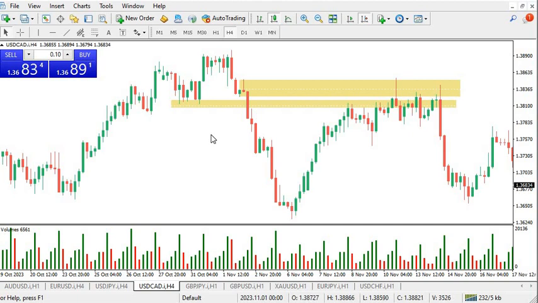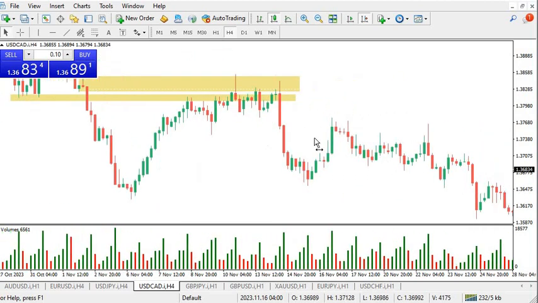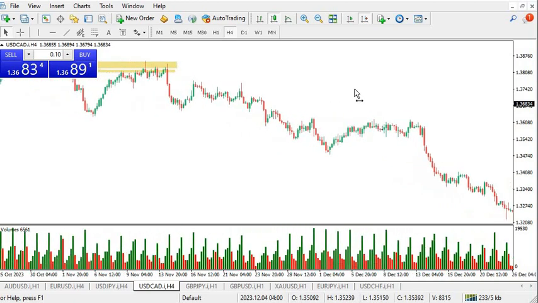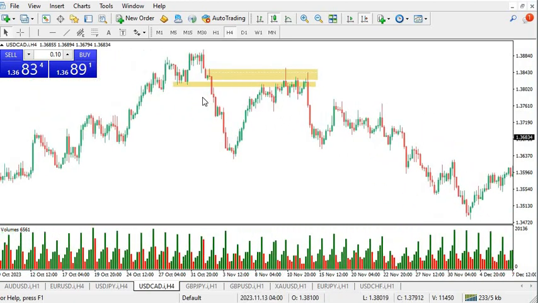So what happened? The market approached this flip zone, and this order block which is near the flip zone. The market touched this order block.